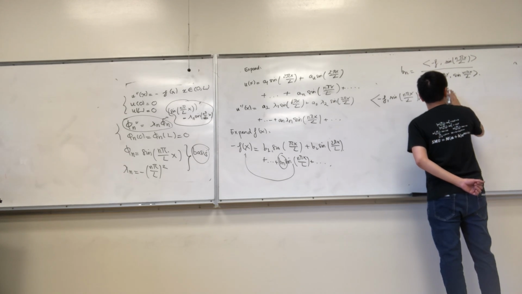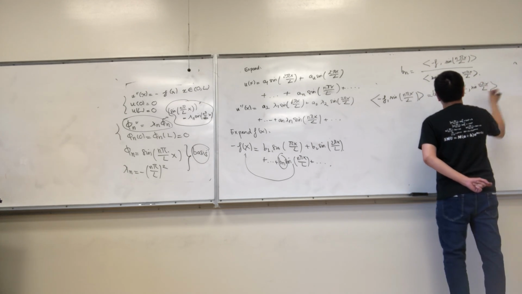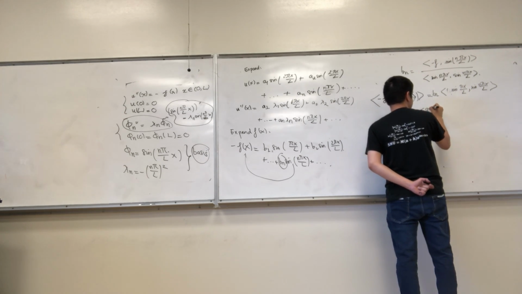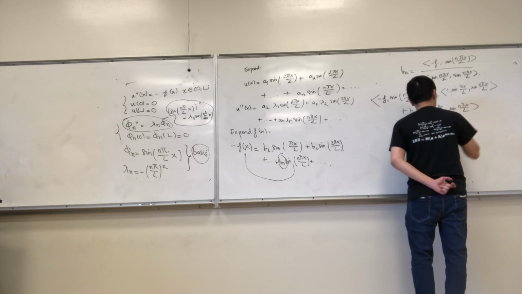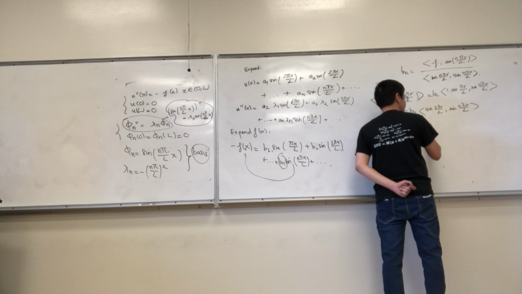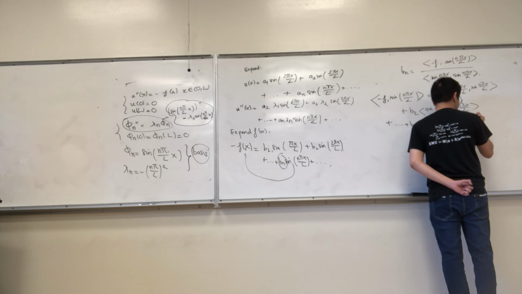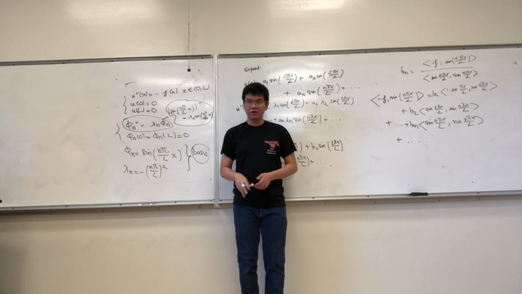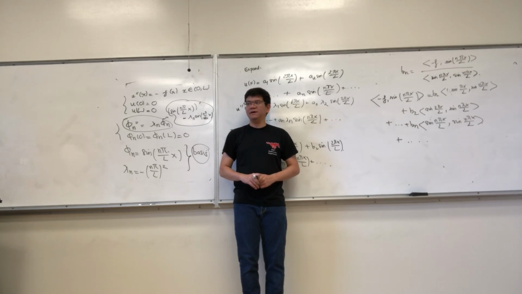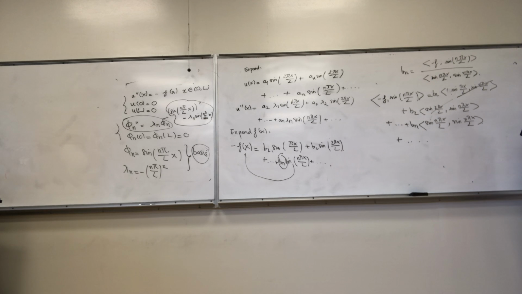You have b1 sin(πx/L) sin(nπx/L) plus b2 sin(2πx/L) sin(nπx/L) plus bn sin(nπx/L) sin(nπx/L), plus et cetera. Taking the inner product with sin(nπx/L), these terms are going to be 0 because they are orthogonal.